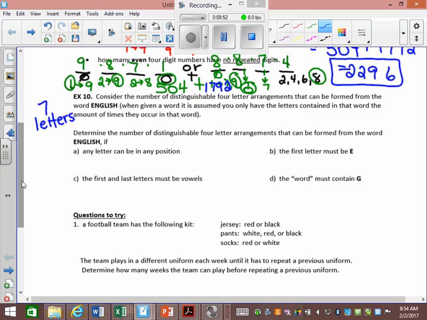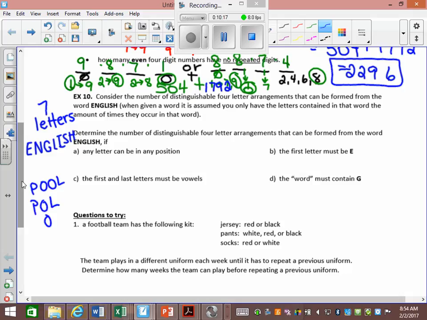Now, I always make sure there's no repetition, and for today you won't have repetition because we're not doing repeating objects yet. E-N-G-L-I-S-H. I always rewrite it. So you're like, yeah, that's English. Why are you rewriting it? That's stupid. But if I gave you the word pool, let's say instead, which I'm not going to for this question, I would write that as P-O-O-L.